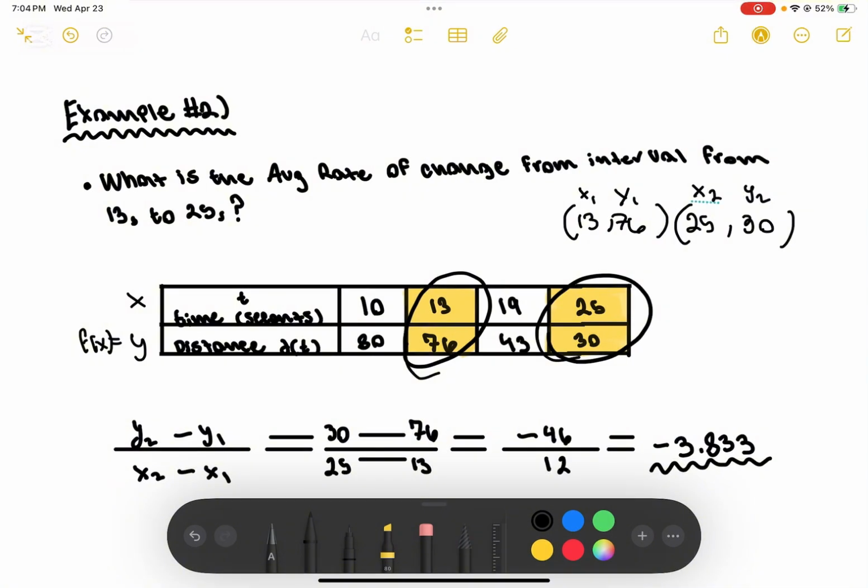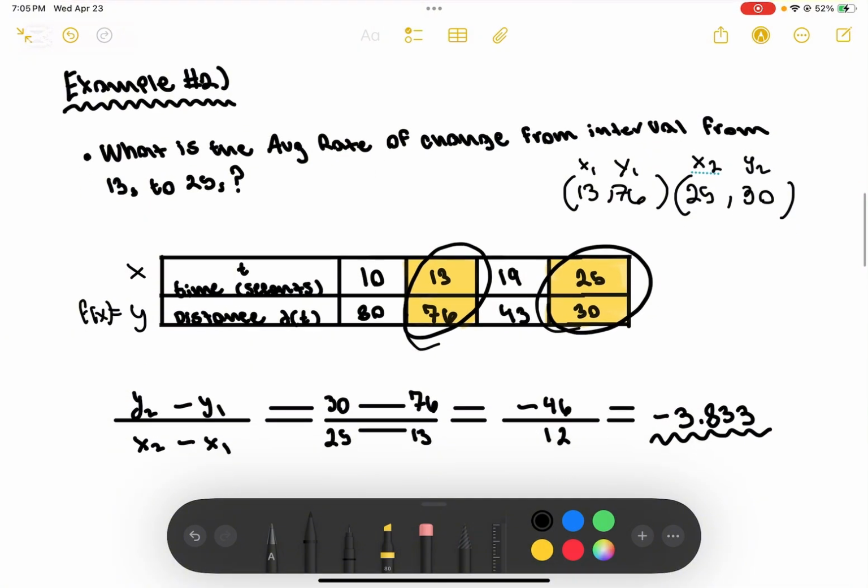And so we just plug these into the formula, and in the numerator it should be 30 minus 76, divided by 25 minus 13. If we simplify that, our fraction should be negative 46 divided by 12. And if we simplify that even more, our rate of change through this interval should be negative 3.833.